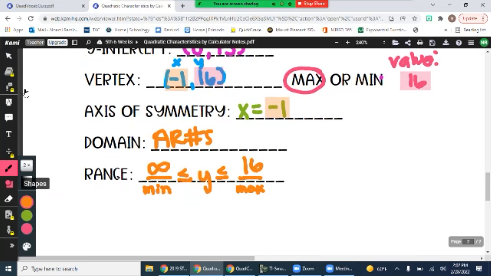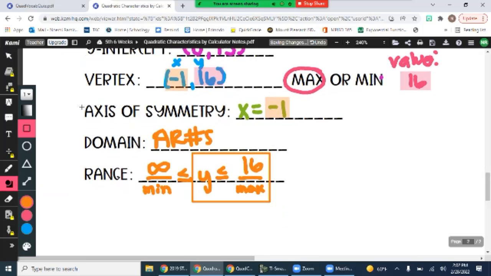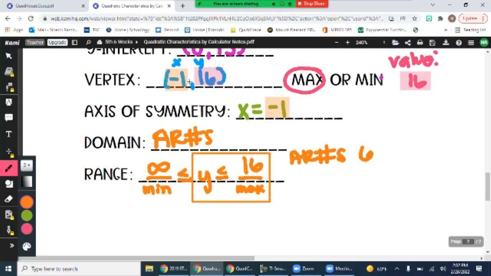Do I need to flip this one? So how do I write it in sentence form? All real numbers less than or equal to 16. All right, let me see.